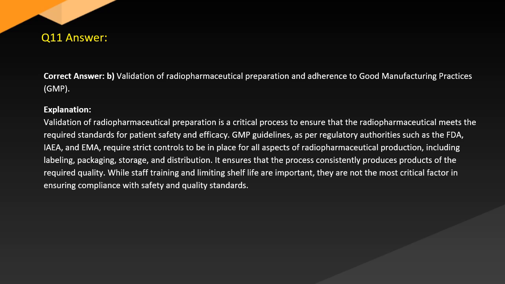GMP guidelines, as per regulatory authorities such as the FDA and EMA, require strict controls to be in place for aspects of radiopharmaceutical production, including labeling, packaging, storage, and distribution. It ensures that the process consistently produces products of the required quality. While staff training and limiting shelf life are important, they are not the most critical factor in ensuring compliance with safety and quality standards.